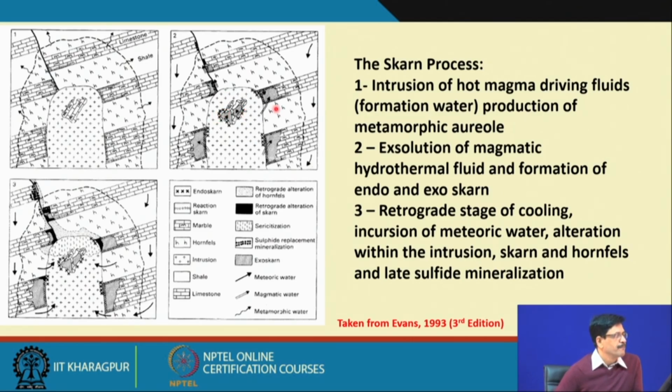So this fluid is now channelized through the metamorphic aureole which was created by the initial phase of contact phenomena, and the calcareous horizons, which were converted into skarn in the contact aureole, are acted upon by the fluid evolving from this crystallizing body. Much of the pluton has crystallized, and the fluid is evolving and escaping, because these contacts provide suitable channelways for the fluid to flow through the country rock.